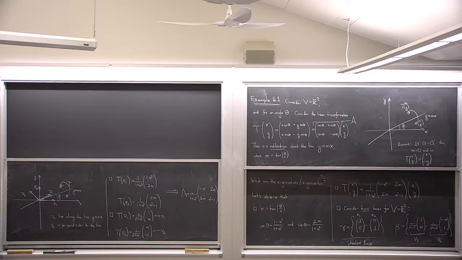On the other hand, if I'm sitting at V2 here and apply T, then you see that that's going to make it flip direction. So that's what it does to V2. But again, that's exactly what we see here. If you apply T to V2, it's going to flip everything over.